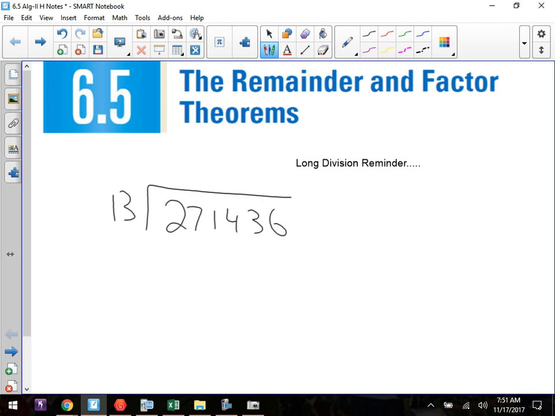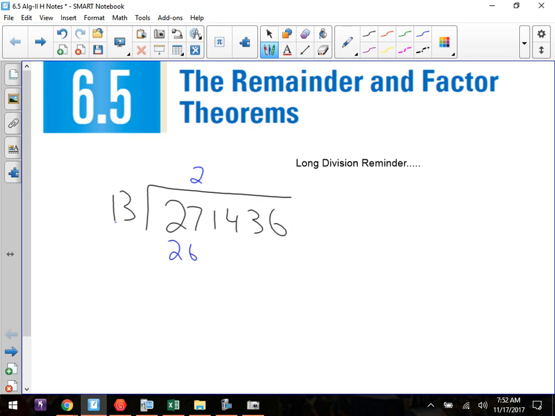Do you remember the rules for doing so? What would you be trying to do first? Does 13 go into 2? No. Does 13 go into 27? Yes. How many times? Twice. So where would you place the 2? Over the 7.